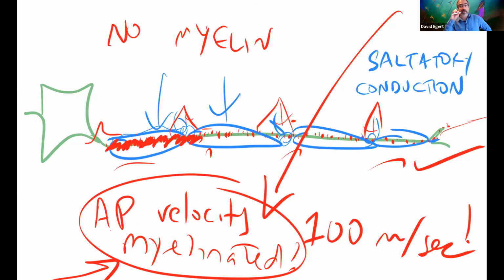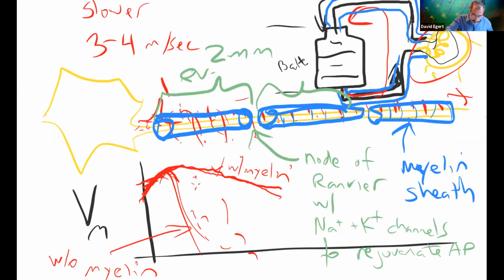So, questions, comments about any of this? Earlier you said that the larger the diameter, the faster the action potential. Can you just explain why that is? It's the same kind of idea. This drop-off does not happen as precipitously if you have a large diameter.